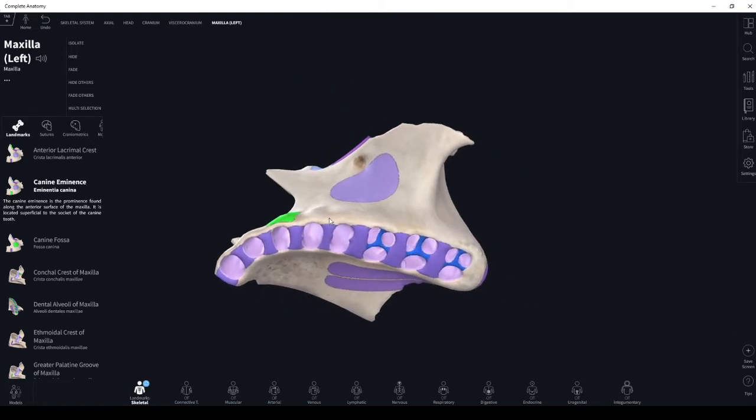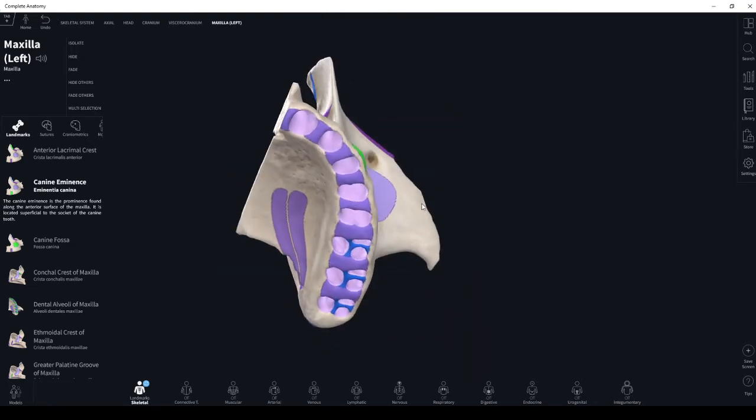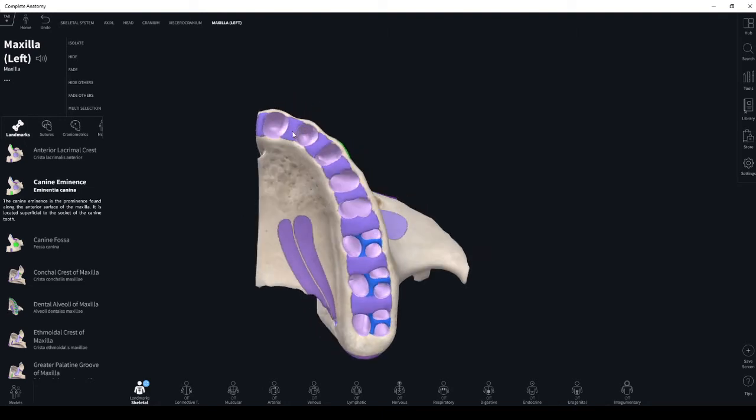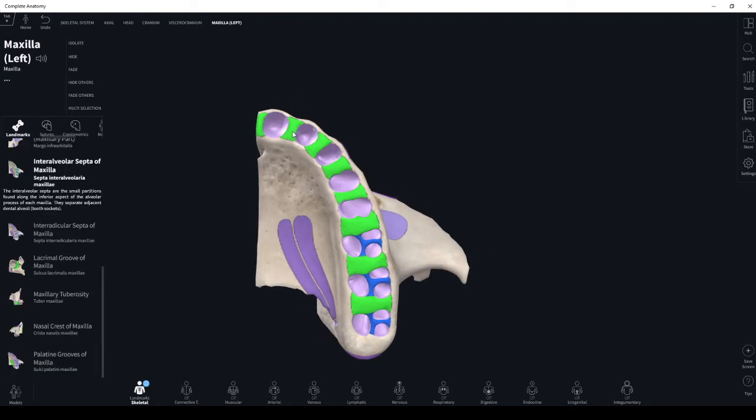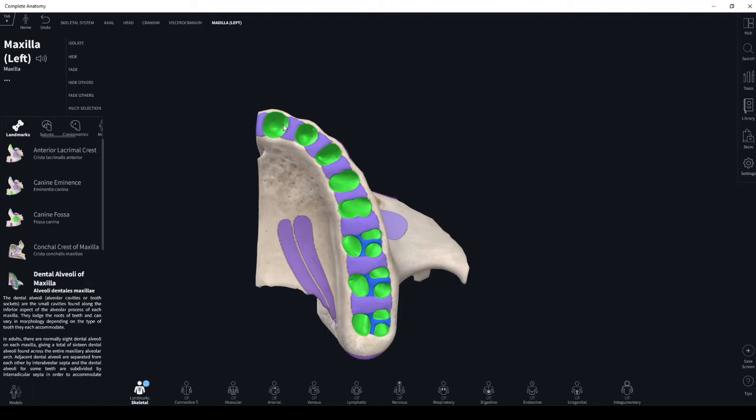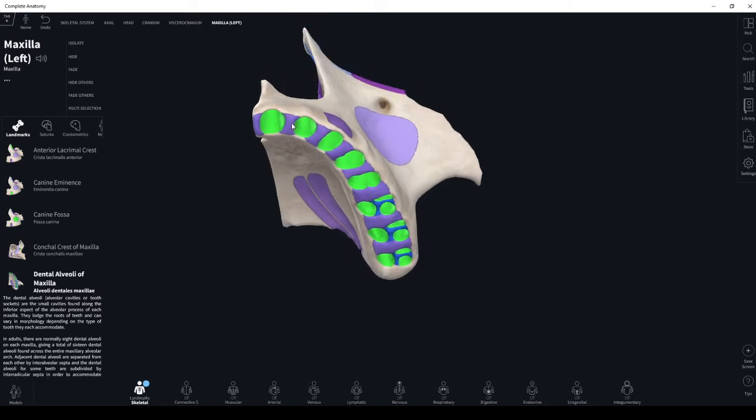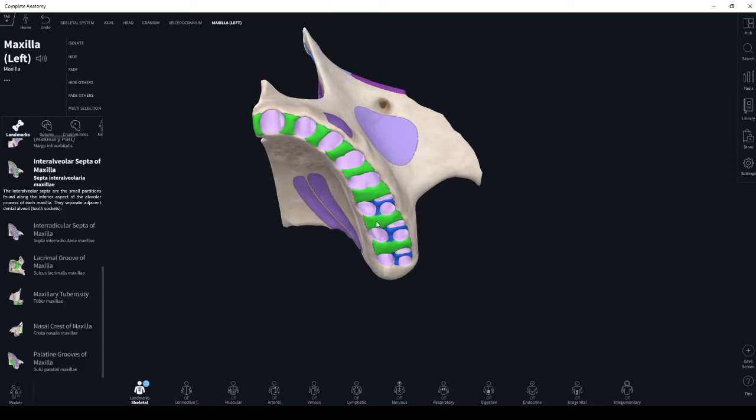On the inferior part of this bone, you can see the structure called the juga alveolaria, which contains the dental alveoli and septums of the alveoli.